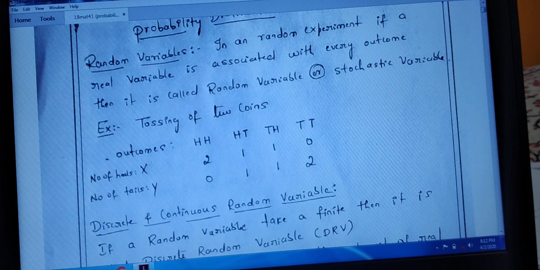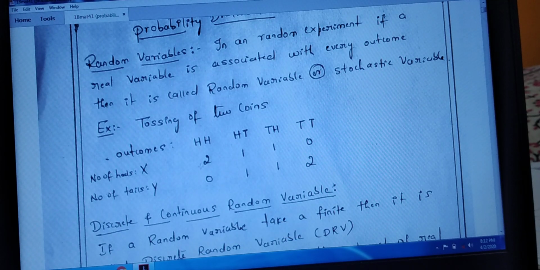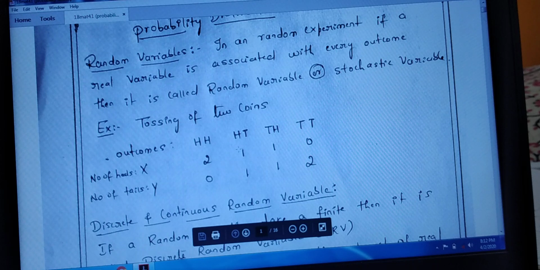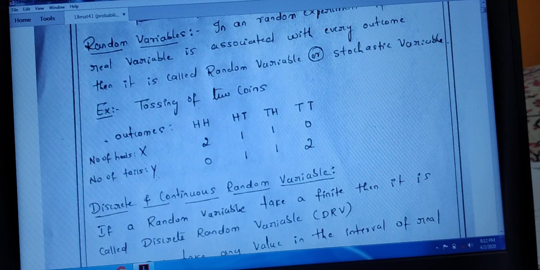These real variables are associated with every outcome of a random experiment, so we call them random variables or stochastic variables in a probability distribution.